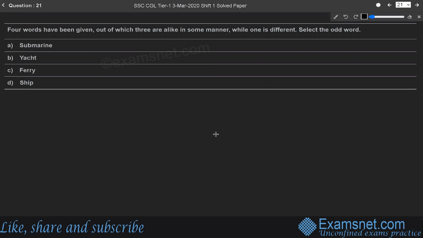First word is submarine. We know that a submarine is a watercraft that is capable of independent operations underwater.